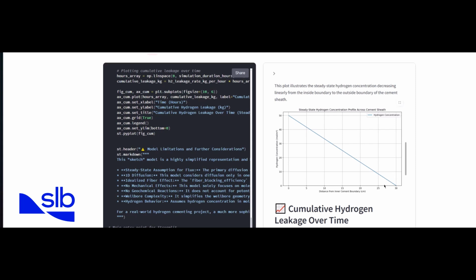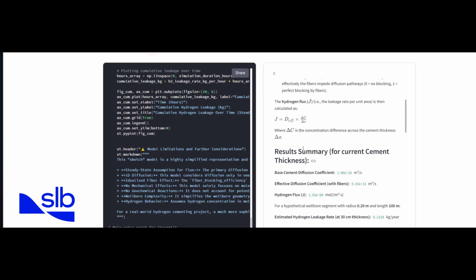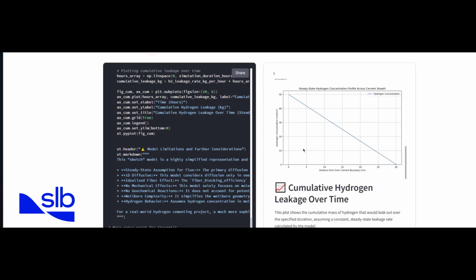When you have a distance measured at 20, you get zero concentration of hydrogen. So it is also a way to estimate the thickness of the cementing and how many glass fibers you need in this case to have a good diffusion of hydrogen through the cementing in the wells.